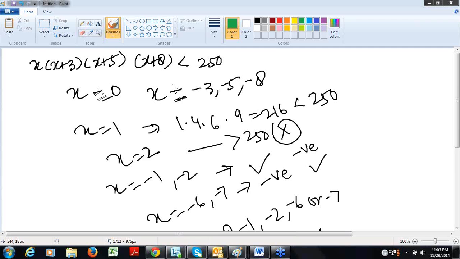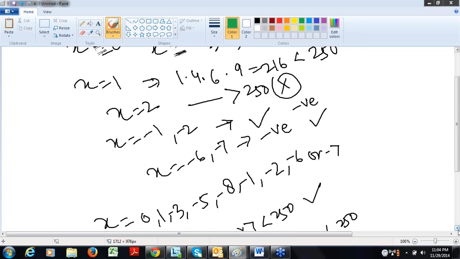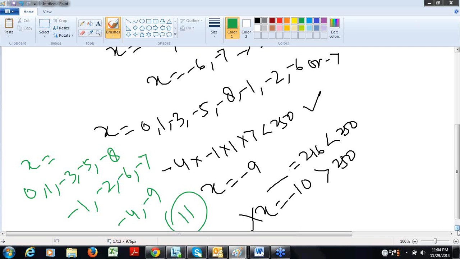As soon as we put x is equal to 2, it becomes greater than 250 and the inequality will not hold true. Similarly, we'll check for minus 1 and minus 2 also. The product is negative, and if it is negative, it holds true. Similarly for minus 6 and minus 7, the product will be negative and it will hold true.